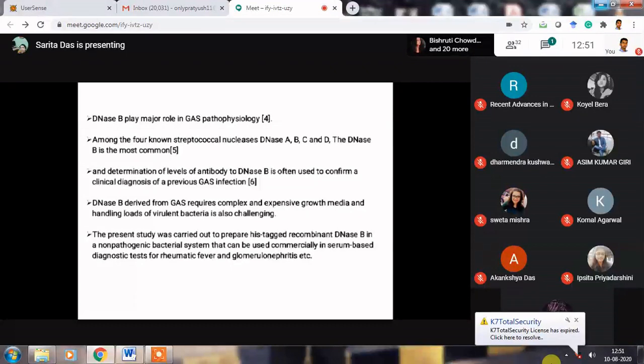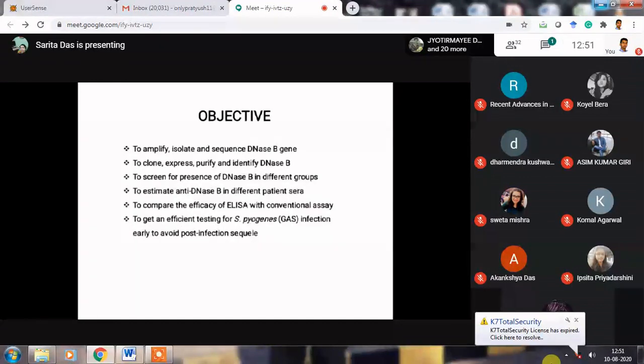So we need to diagnose this infection in a way that is easier for any lab to practice. So our objective is to amplify the DNase B, to clone and express it, and then to use it in the ELISA format and compare its result with the conventional assay.